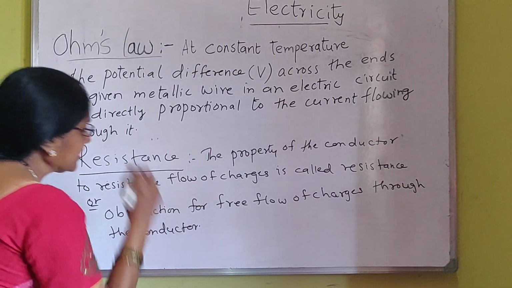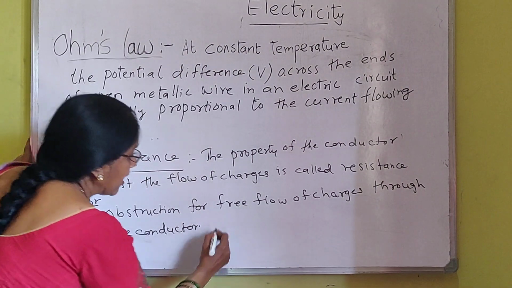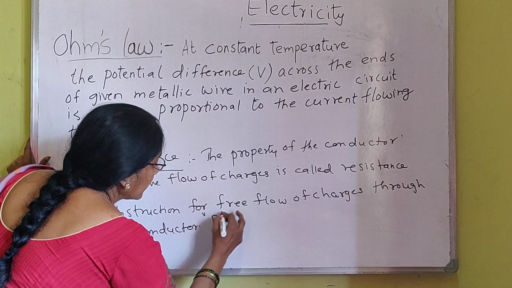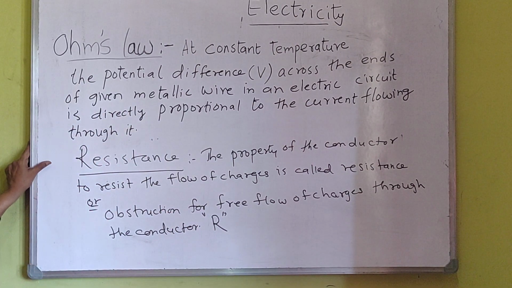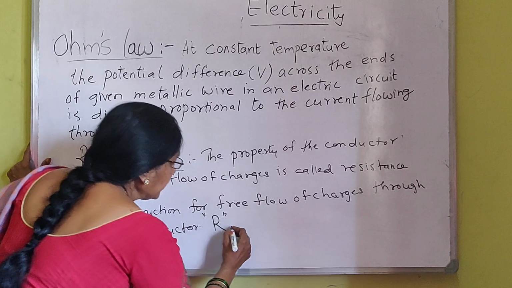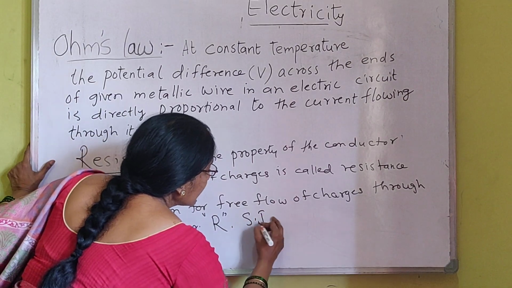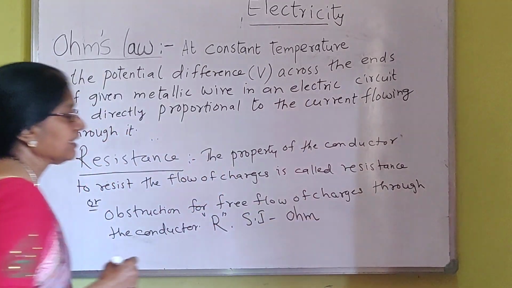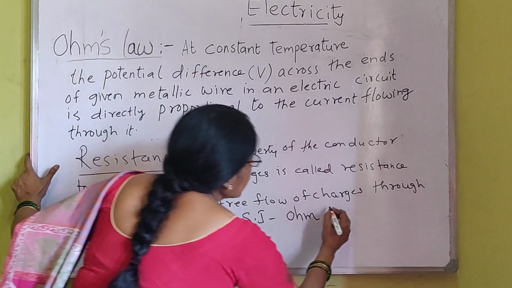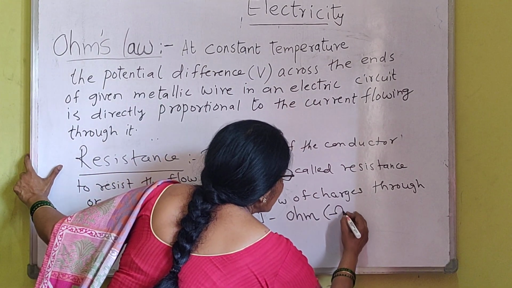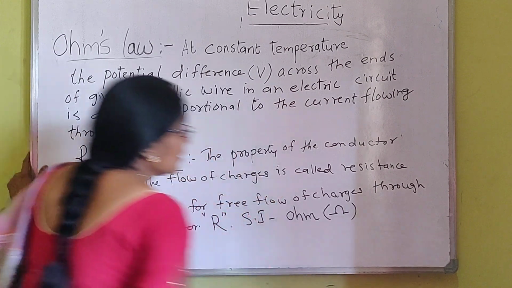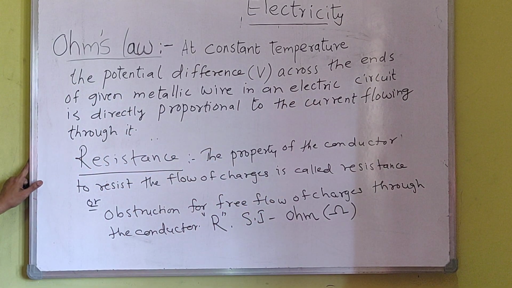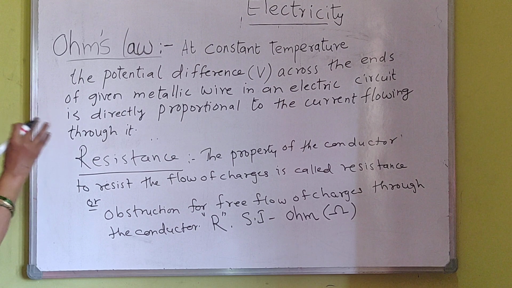And the resistance is denoted by capital R. Ohm denoted resistance as capital R. And the SI unit for resistance is named after the scientist. It is called ohm, and it is also denoted by a symbol. This is the symbol used for denoting the resistance. So this is what is meant by resistance.